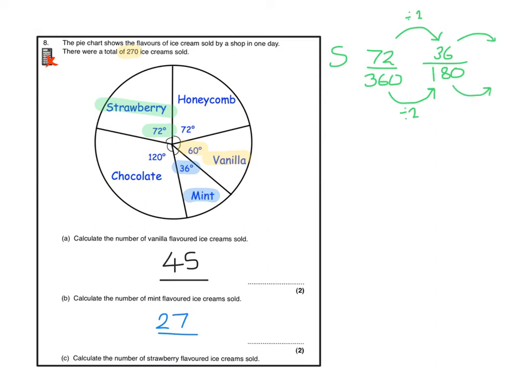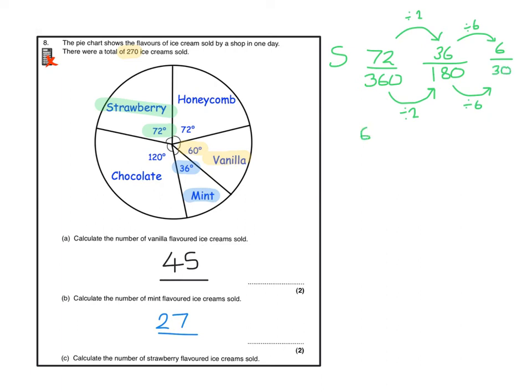I can divide by 2 again if I want, or I can think of another number that goes into it, and I know that 6 goes into both of those. If I divide by 6, 36 divided by 6 is 6. 180 divided by 6 is 30.